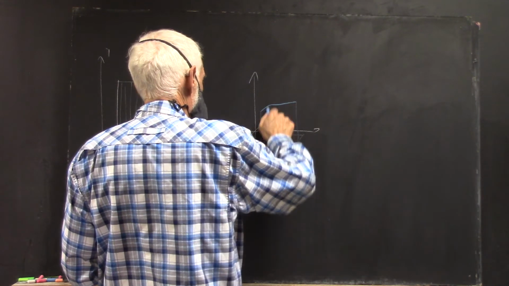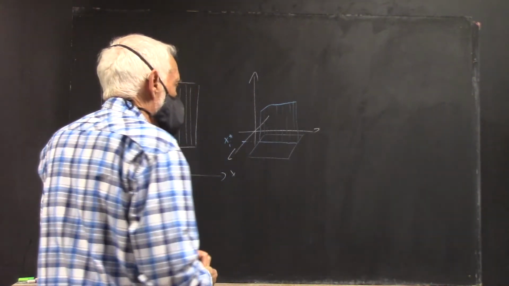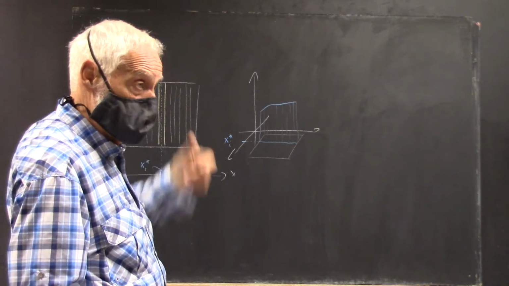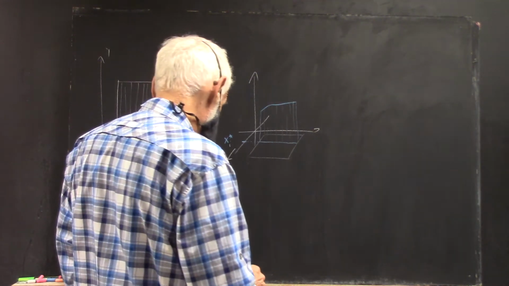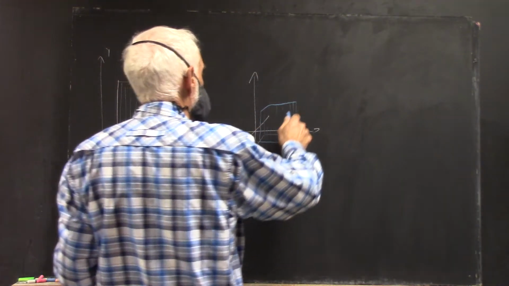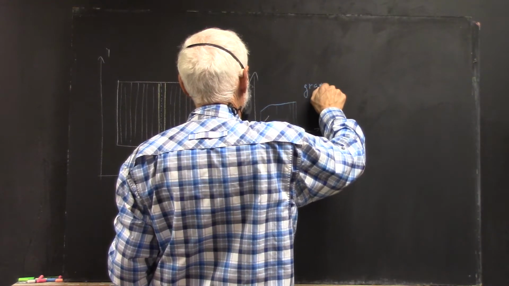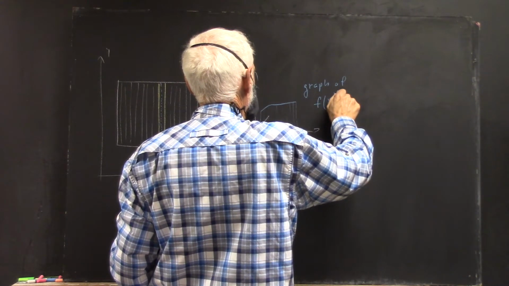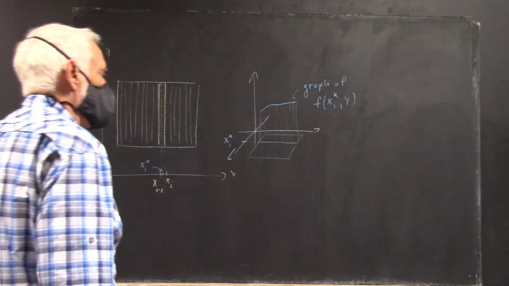These aren't partition lines, just projection lines to show that we've sliced our function f of xy along the plane x equals xi star, a plane parallel to the yz plane. The function is a graph of f of xi star y.